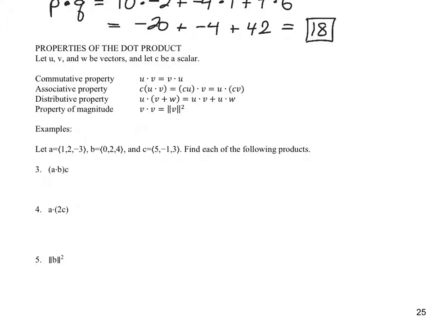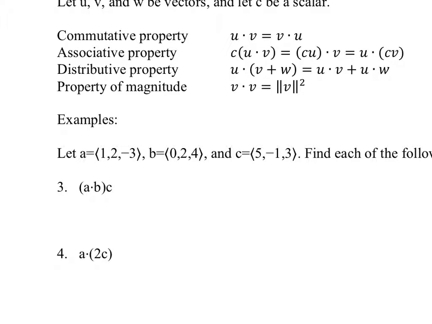If you compare it to the left-hand side of the second one, you could orient it so that the C is on the front end, because of the commutative property of the dot product, but it's really the commutative property of multiplication. It just extends itself to the dot product.